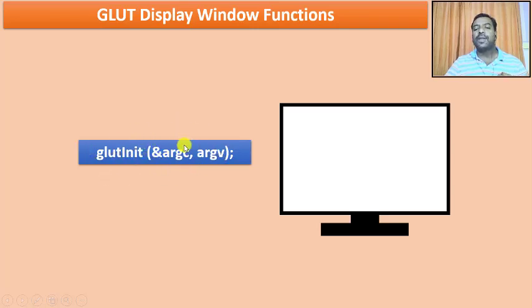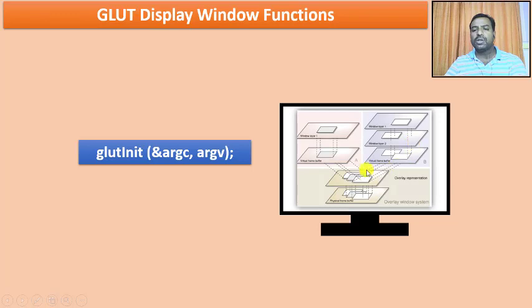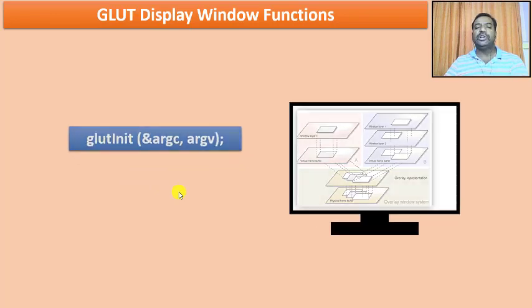This API should be executed because your Windows system has its own window management system, and my program should be one window among these. Hence, I need to initialize my program to work with the windowing system in the given computer system.